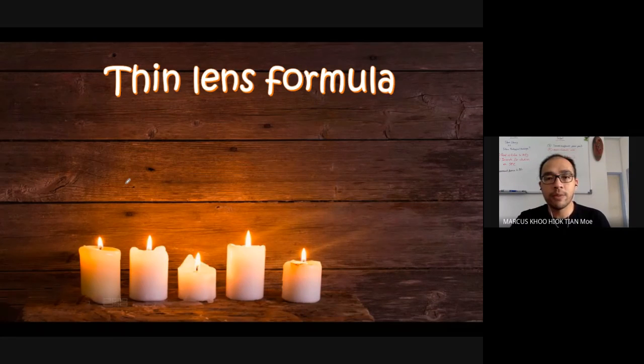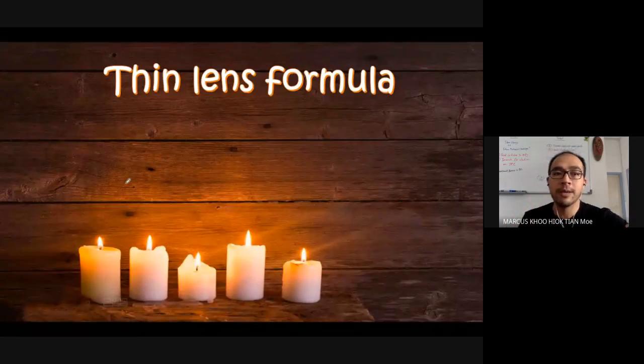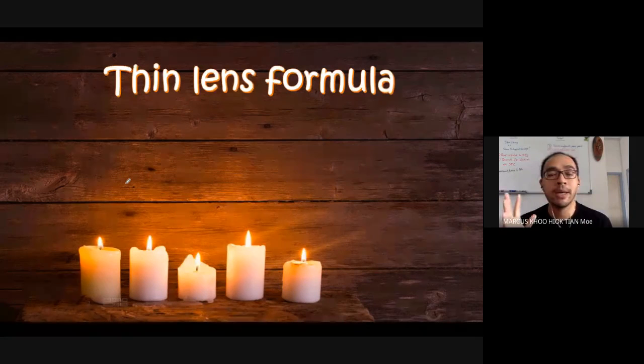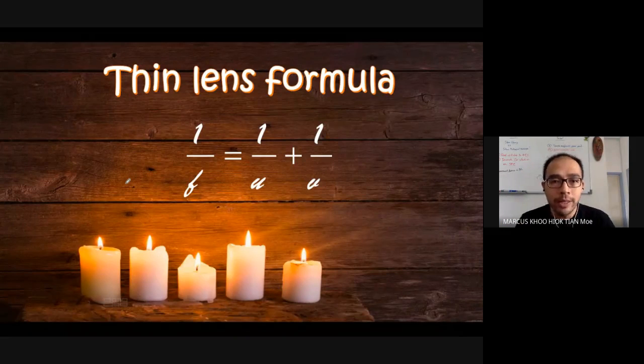The thin lens formula talks about the relationship between this u and this v, which I hope that by doing the interactive you would have noticed by now. There is a relationship that holds up to a certain point, then after that the relationship cannot be used. But generally, we can use this relationship. The formula we're talking about, the thin lens formula, is this: 1 over f equals 1 over u plus 1 over v.